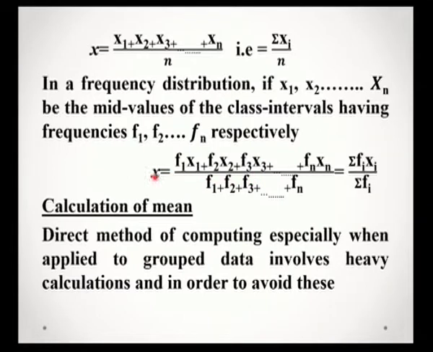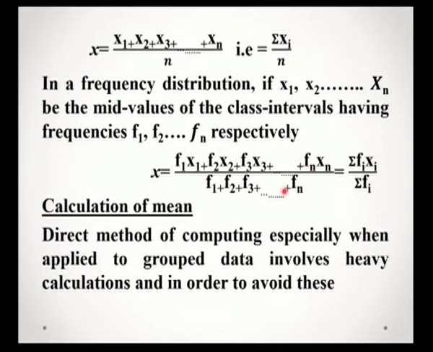That is, the arithmetic mean is equal to f1 into x1, that is frequency of the first distribution into x1, plus f2 x2 plus f3 x3 etc. plus fn xn over sum of all the frequencies f1, f2, f3 etc. fn.